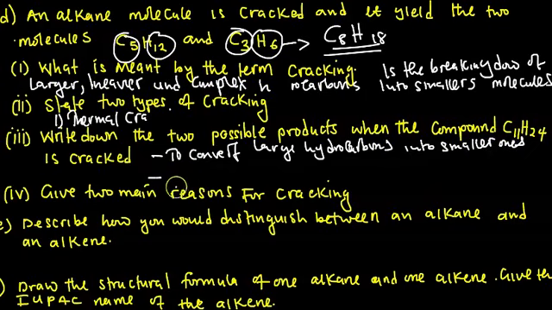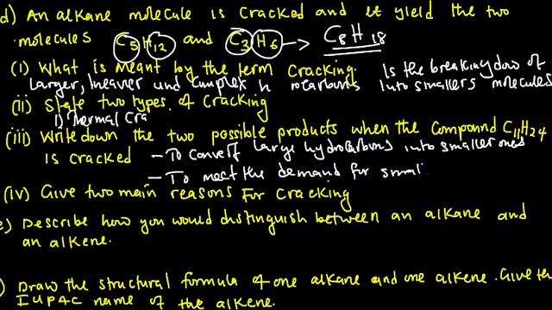Then the other one, to meet the demand for smaller hydrocarbons like petrol. If you are in a country, Zambia, at the moment, we are locked with a shortage of fuel hike, because there's low supply and of course the demand is high, and hence prompting the prices to go up.